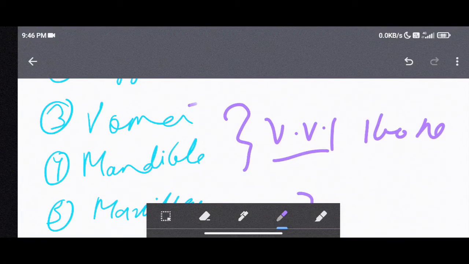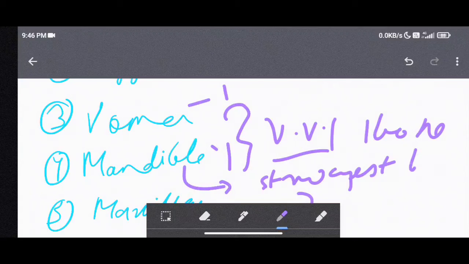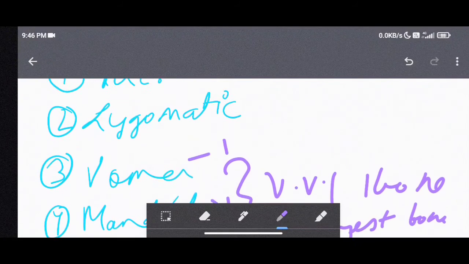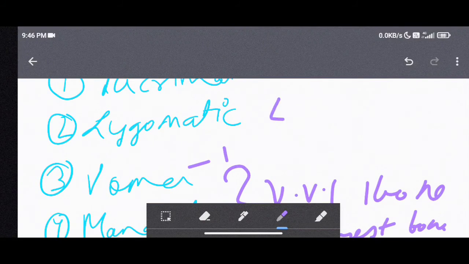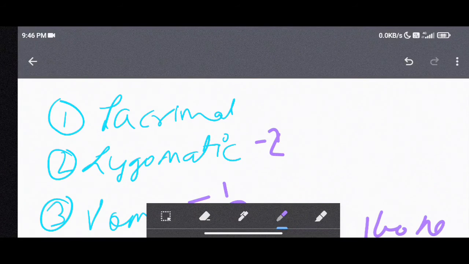This one is also the strongest bone. This is also 2 and this is also 2.